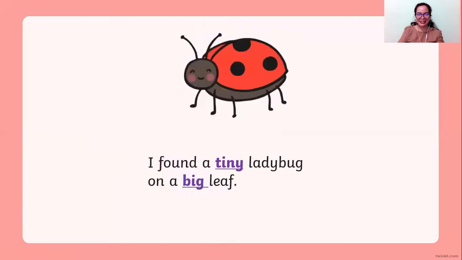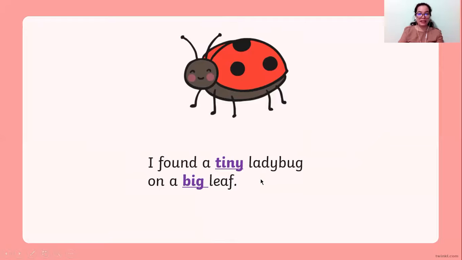Next, the ladybug. I found a tiny ladybug on a big leaf. Our adjectives in this sentence are tiny, which describes the ladybug, and big, which describes the leaf.